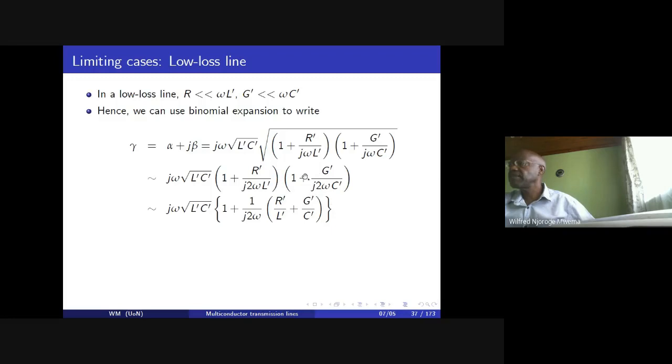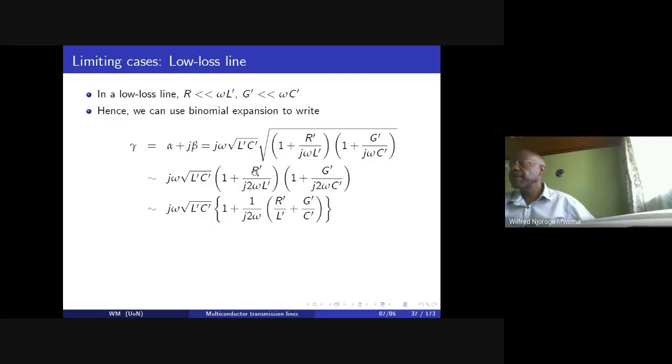That is taking the first linear terms. If this is not very strictly true, we might need to expand that one to higher terms, but for now we are just going to use the first two terms because we are saying it's a low loss line. And therefore, when we multiply them around, there will be a product of R prime over j 2 omega L prime multiplied by G prime over j 2 omega C prime.